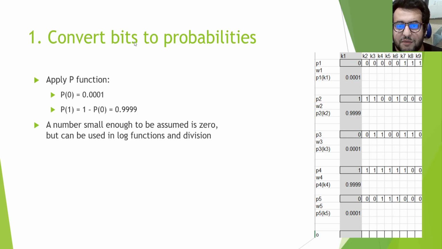And so we'll go through those processes right now. First step is to convert bits to probabilities. We already went through this. A function that has a 0 will give you this value, 0.0001, and a function that has a 1 will give you a 1 minus a function of 0.9999. So the big deal here is with the zeros that we don't get a division by 0 error and we don't get a log of 0 error.